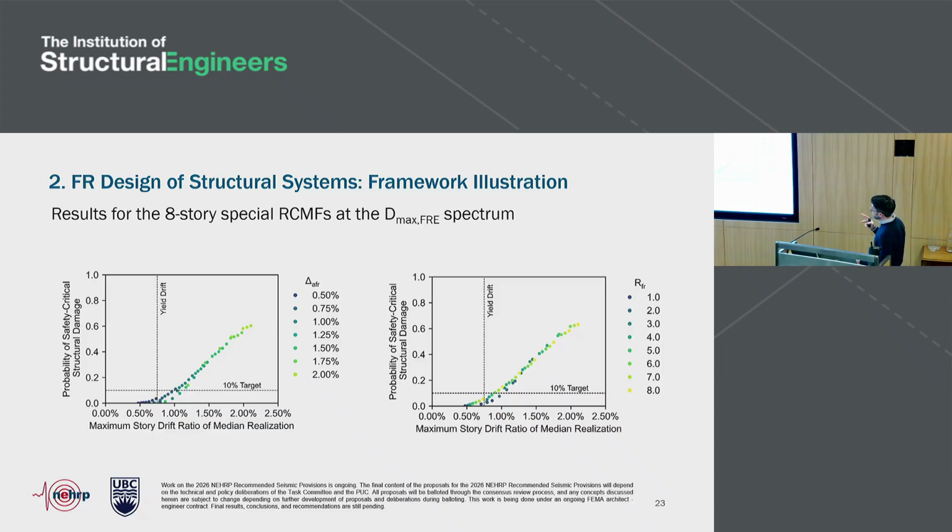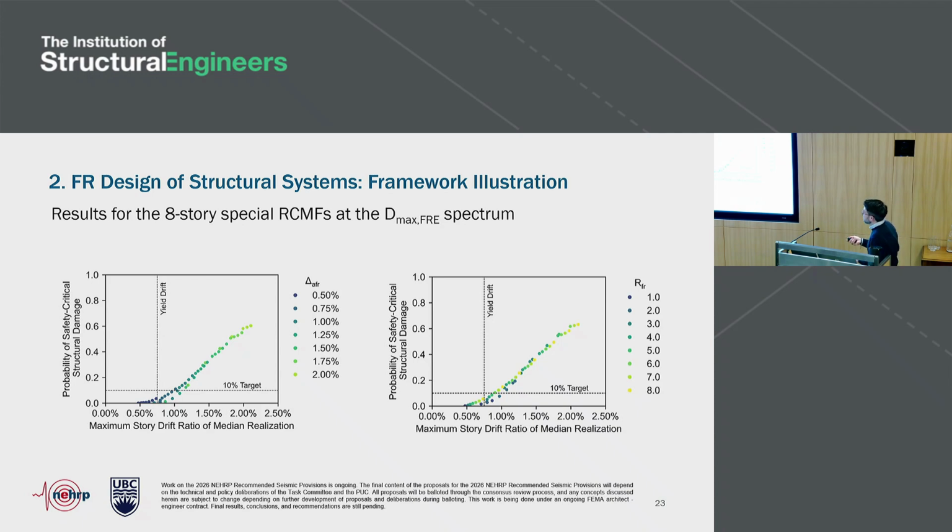What we also did is look at the results in the format of these figures here, where we look at the relationship between the realized drift in the x-axis and the probability of safety critical structural damage in the y. The figures are the same. One is just expressing results in terms of drift limit on the left and in terms of RFR on the right.